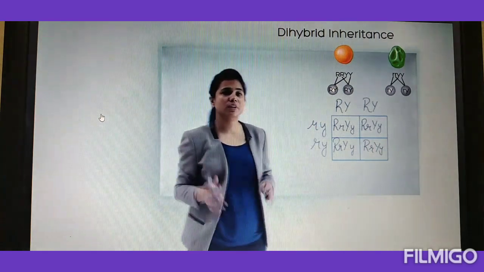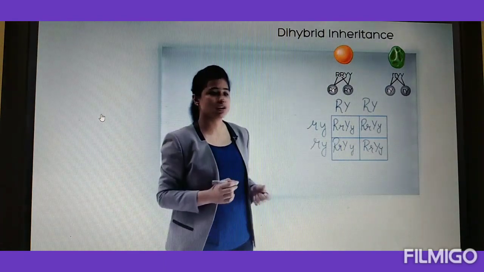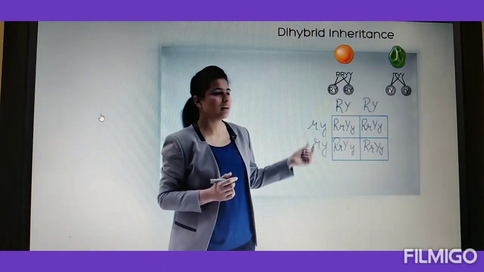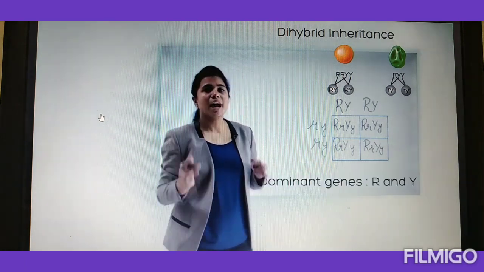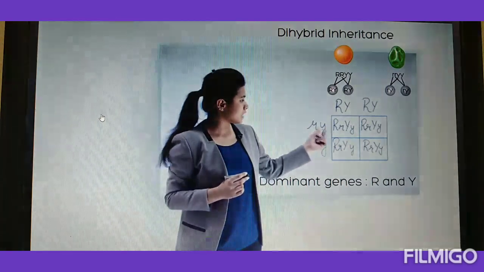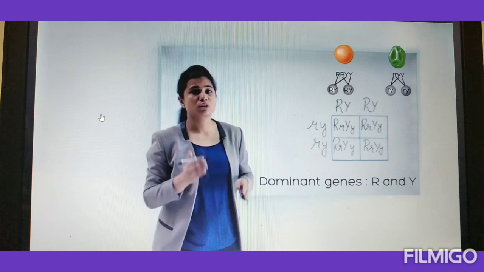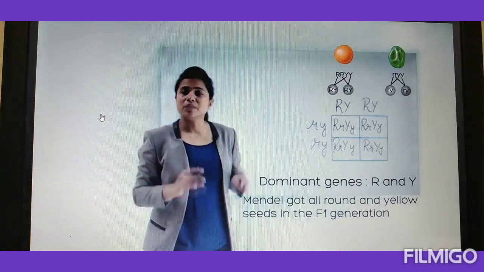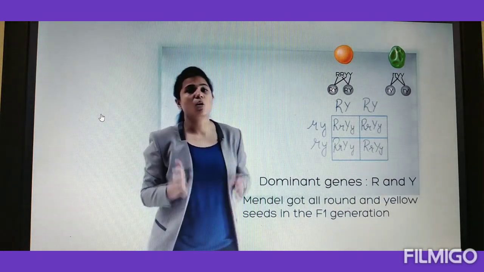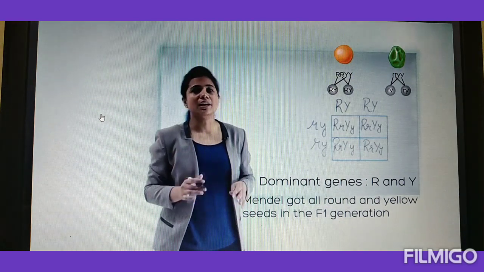Now you can observe that the offsprings which are produced here have the similar combinations. And we know we have one dominant gene here which is of capital R and capital Y. So all the offsprings which were produced are round and yellow. Hence we can conclude that Mendel got all the round and yellow seeds in the F1 generation and no wrinkled green seeds were formed in the F1 generation.